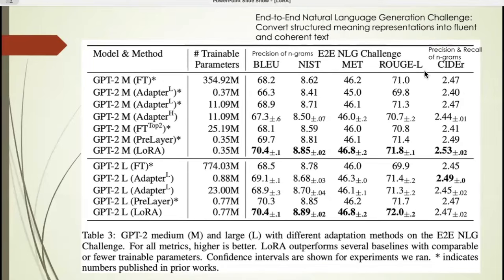They want to evaluate how fluent the generated text is, whether it is factual, whether it is grammatically correct, and then compare it to the actual written text to see how it matches the human written text. And then again, it compares the LoRA approach, the medium size and large size GPT-2, with the fully fine-tuned version, and also with other PEFT adapter-based approaches.